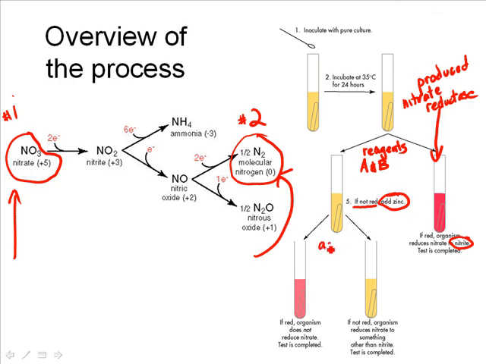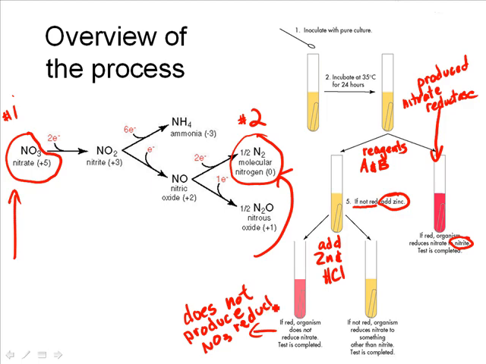So in this step, we've added zinc and HCl. Now, let's look at the two possibilities. If your tube turns red, that means the organism does not reduce nitrate. What that means is the organism does not produce nitrate reductase.